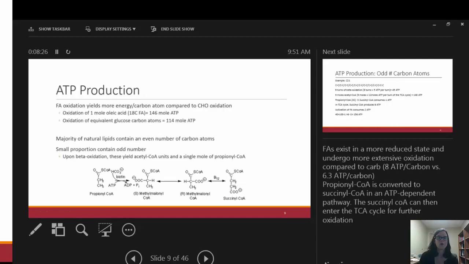Okay, now we know that fatty acids are more energetically dense compared to carbohydrates. This means they yield more energy per carbon atom compared to carbohydrate oxidation because they're further reduced. They have more hydrogen atoms that can go through the TCA cycle, and also they go through beta oxidation to produce this additional energy.